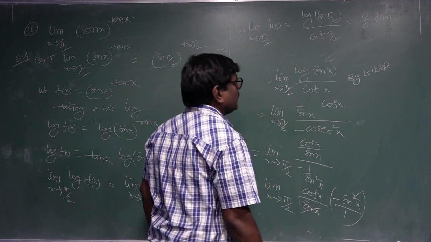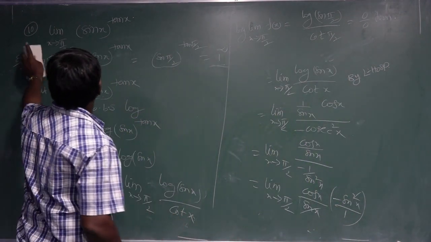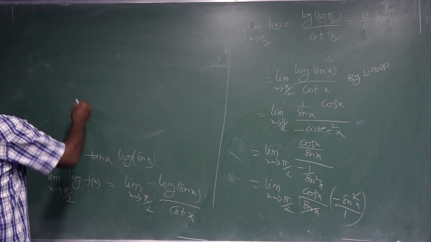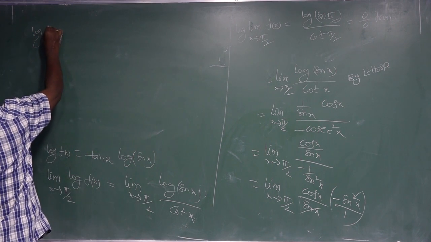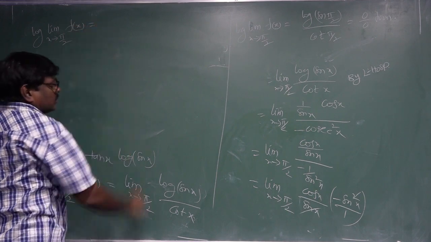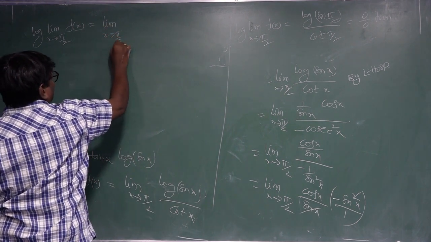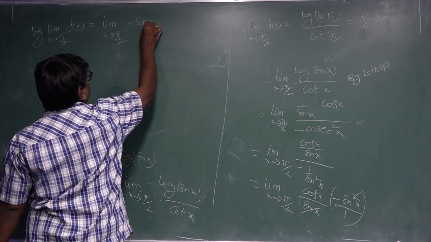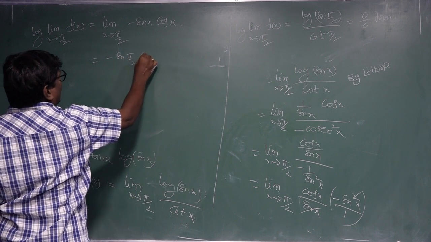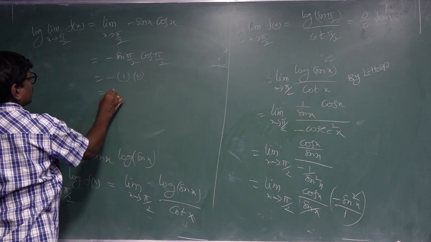This cancels. So log of limit as x tends to pi by 2 of f of x equal to minus limit as x tends to pi by 2 of sin x into cos x. Applying, minus sin pi by 2 cos pi by 2 equal to minus 1 into 0 equal to 0.